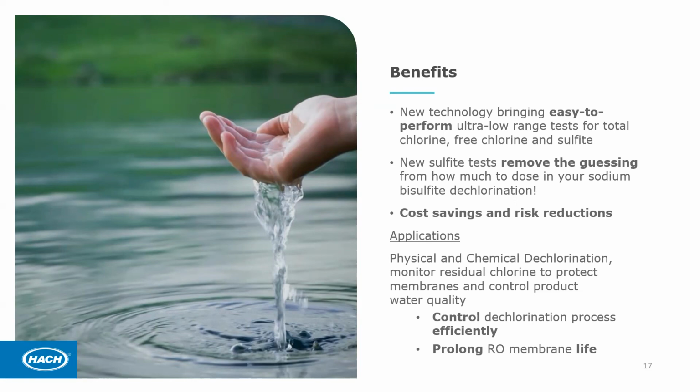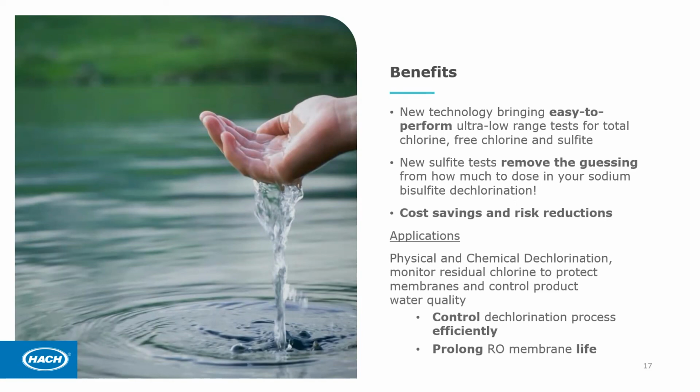Okay, and then the other one was, which parameters is Hach coming out with next? So we do have a pipeline of parameters that we're investigating. We really have our eye on those parameters that we typically need precise ultra low range information on.